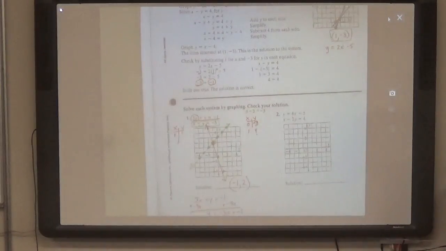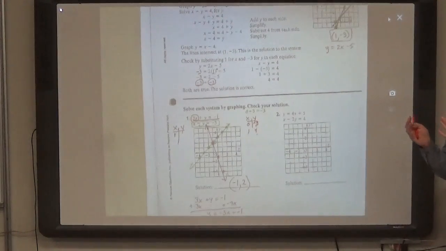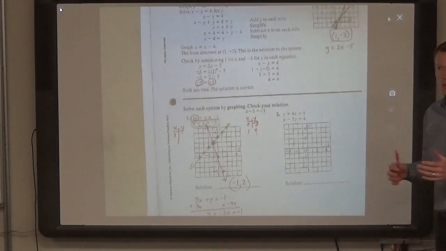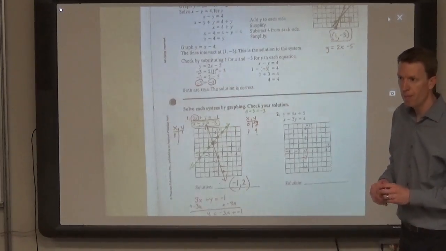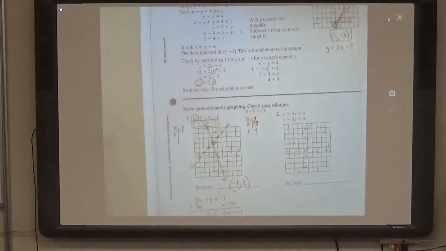So you're finding 2 numbers that make the equation true, that are a solution, that work, that make -3. Okay? And you just graph those 2 lines.